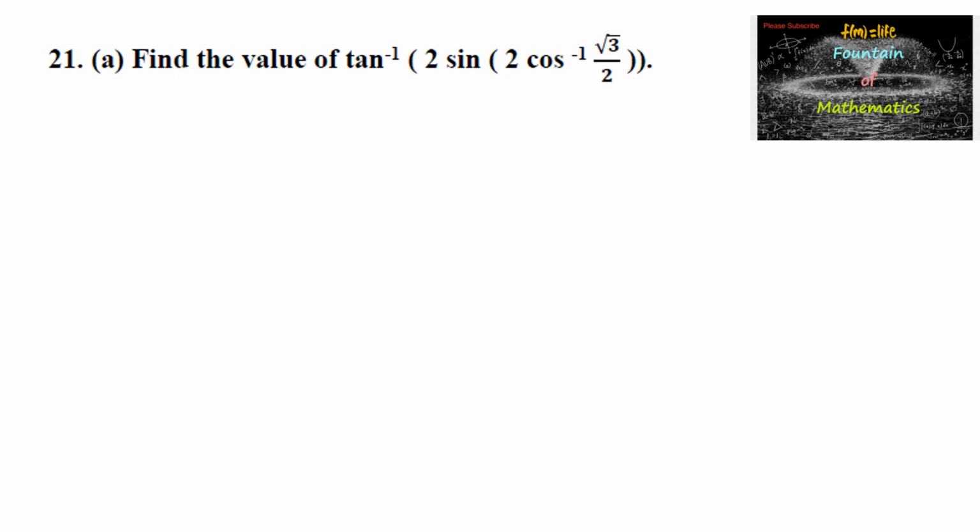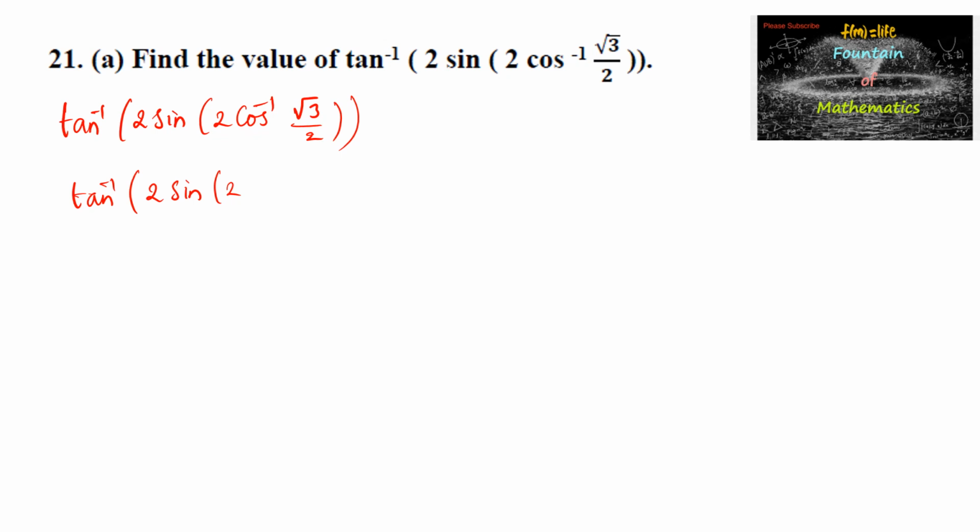Find the value of tan inverse of 2 sine of 2 cos inverse root 3 upon 2. So we can write tan inverse of 2 sine of 2 cos inverse of root 3 by 2.